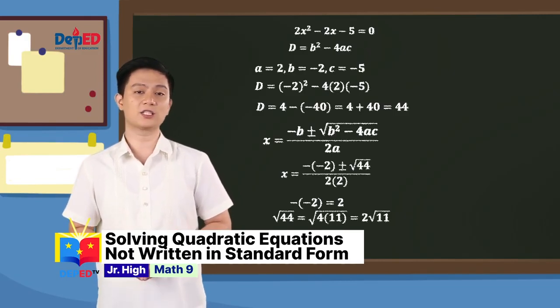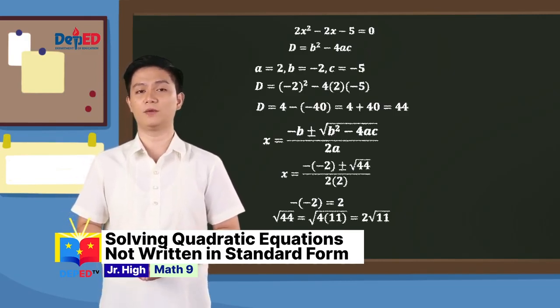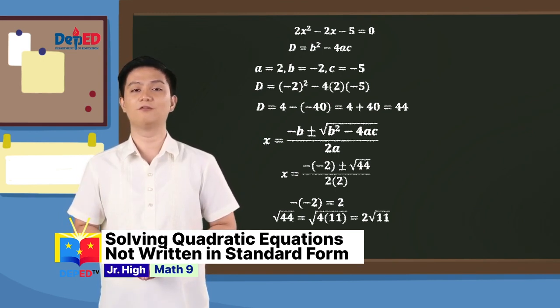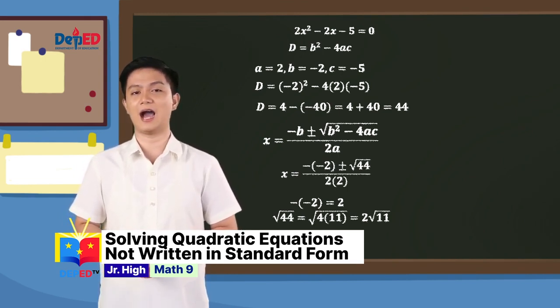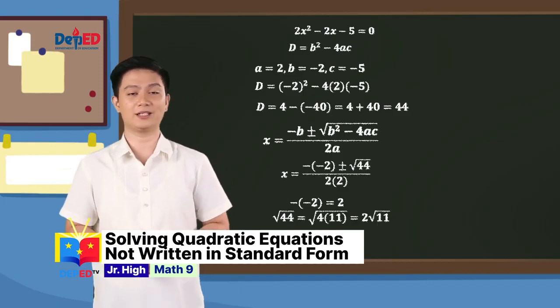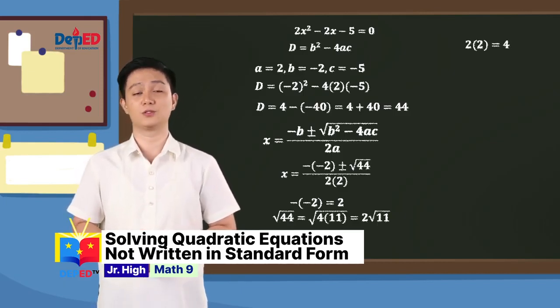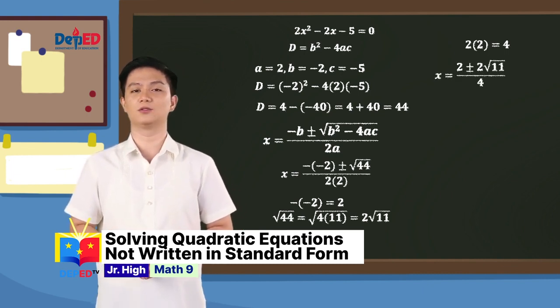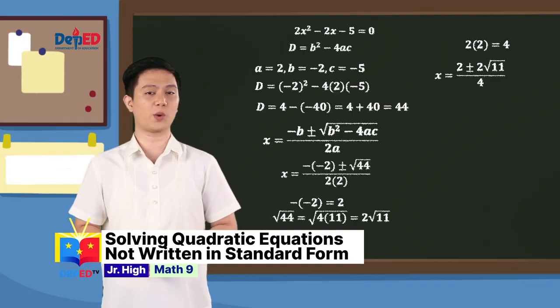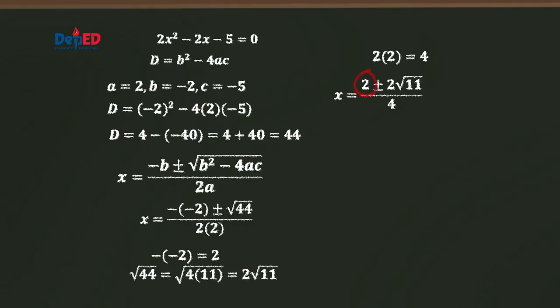4 is the largest perfect square factor of 44, and 44 equals 4 times 11. The square root of 4, which is 2, is taken out as the coefficient of the radical square root of 11. 2 times 2 is just 4. So, x must be equal to 2 plus or minus 2 square root of 11 all over 4. The constant 2, the coefficient of the radical, which is also 2, and the denominator 4 are all divisible by 2.